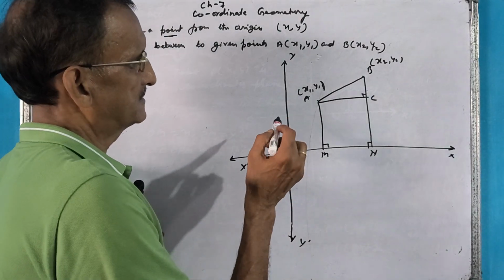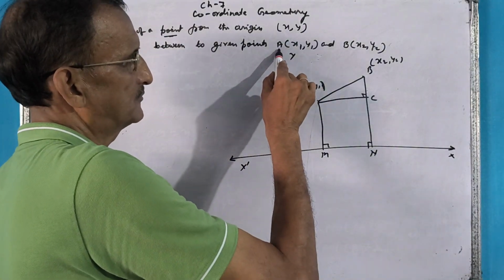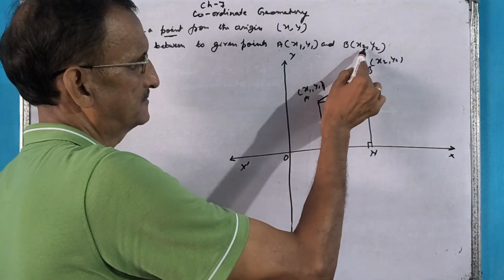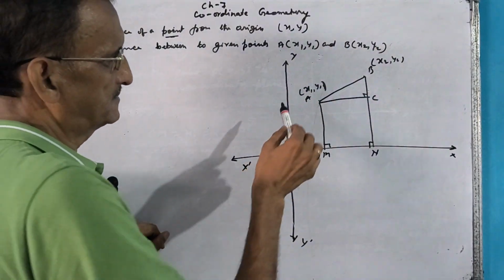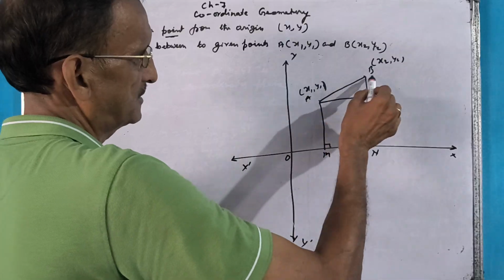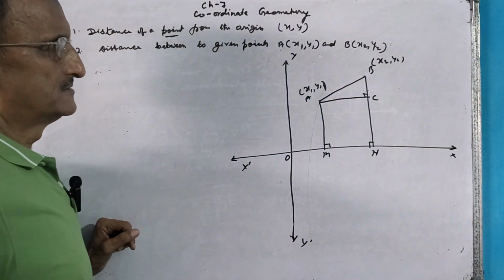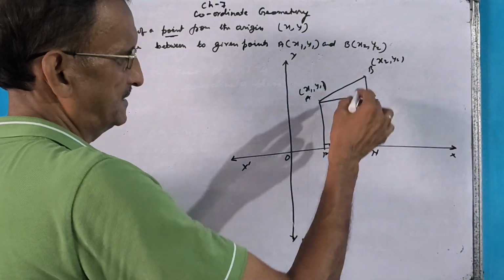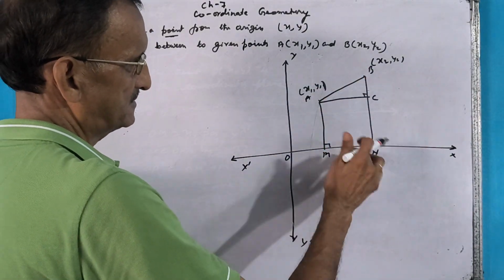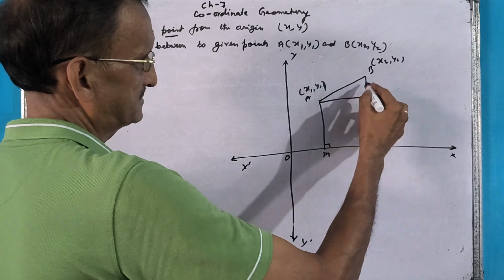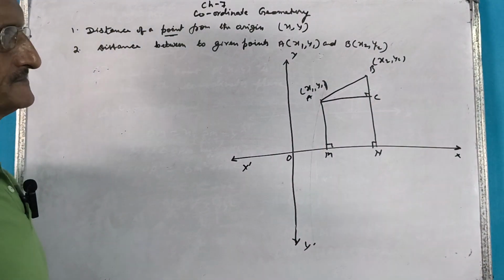The question is to find the distance between two given points A x1 y1 and B x2 y2. We take the two given points in the coordinate plane, join AB, draw perpendiculars AM and BN on the x-axis, and also draw perpendicular AC on BN.